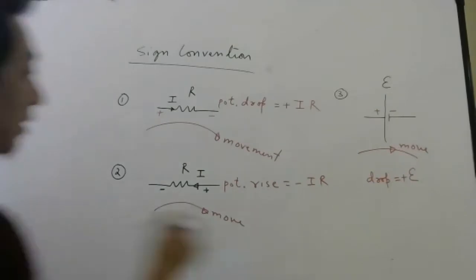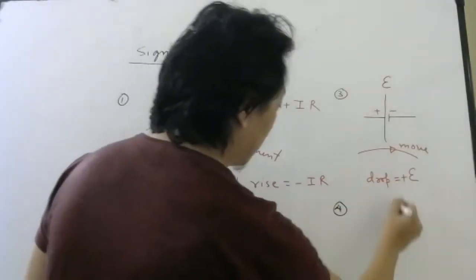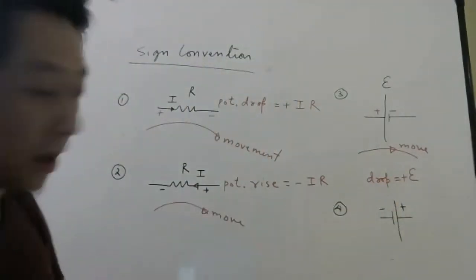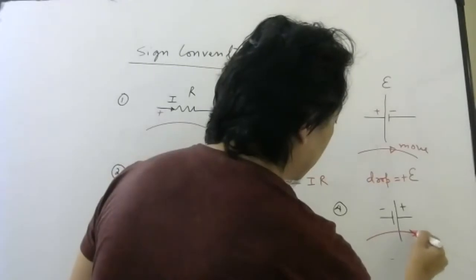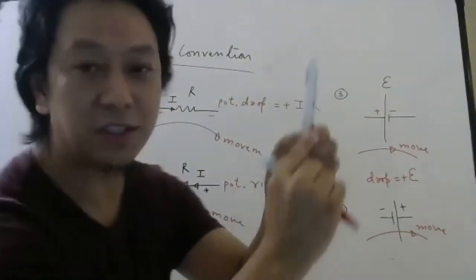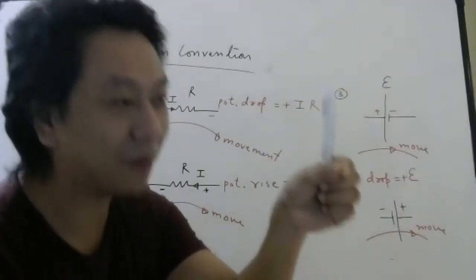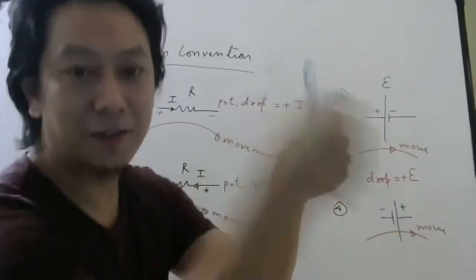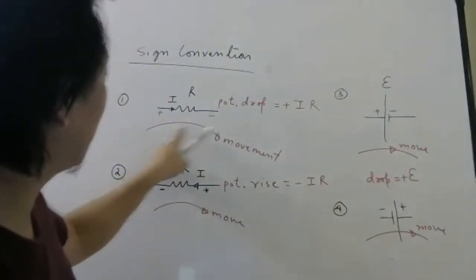And the last one is the battery may be like this, minus plus, and you are moving from minus to plus. This is your movement. Why am I showing this movement? Because you have to start from one point of the loop and come back to the same point. As you move like this, if this happens, you take plus.